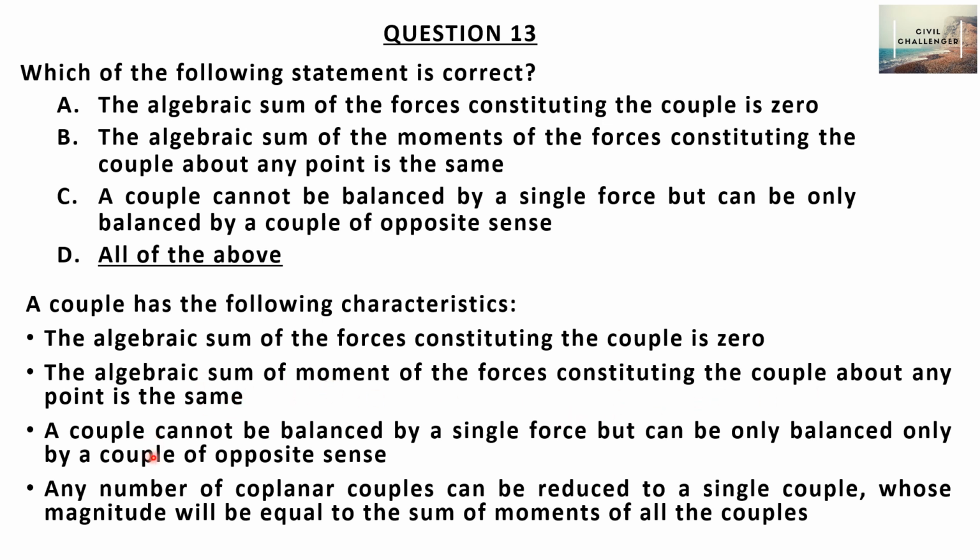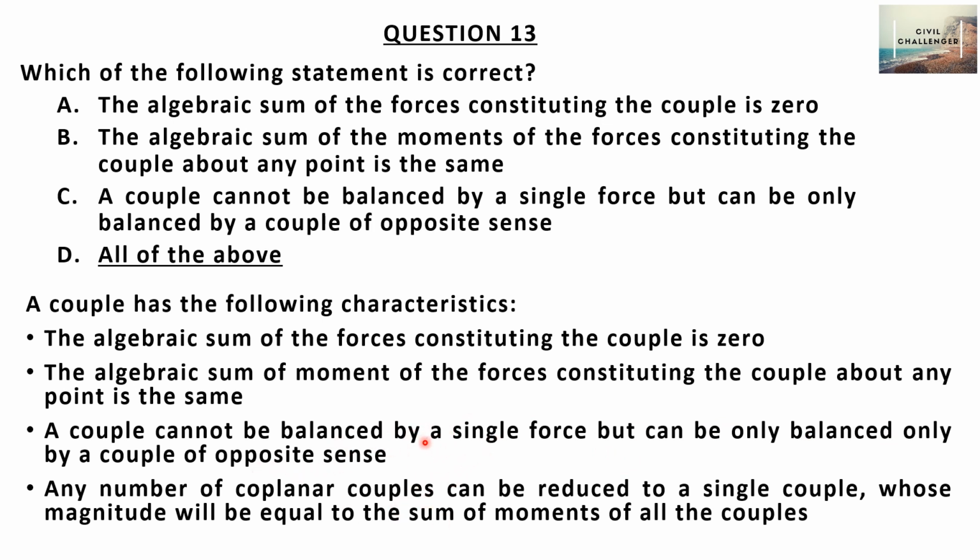Okay. Now the resultant force, or the algebraic sum of the forces of the couple, is 0. Therefore, this couple cannot be replaced or balanced by a single force. Okay, it can only be balanced by a couple of opposite sense.